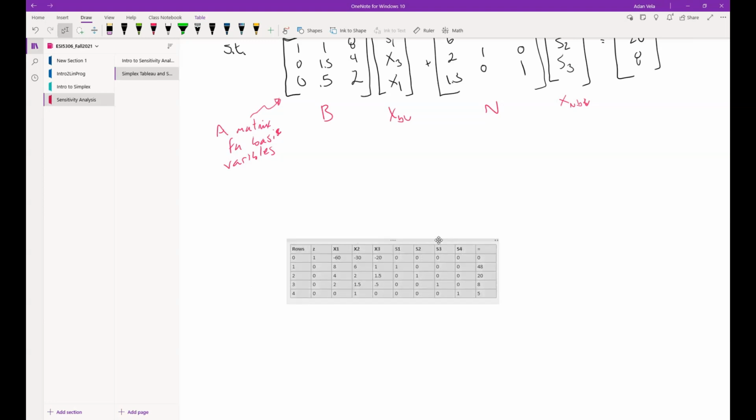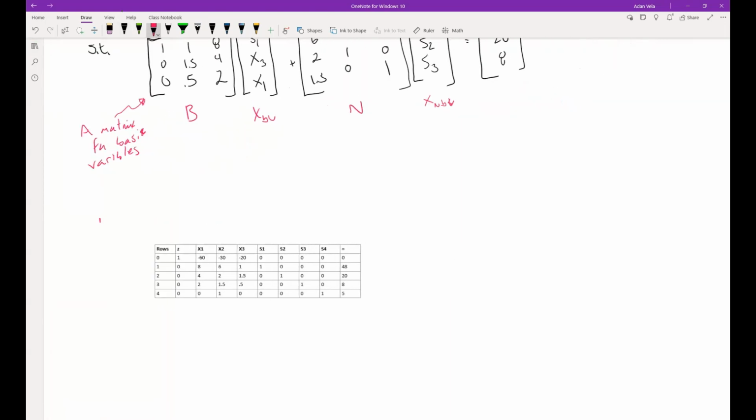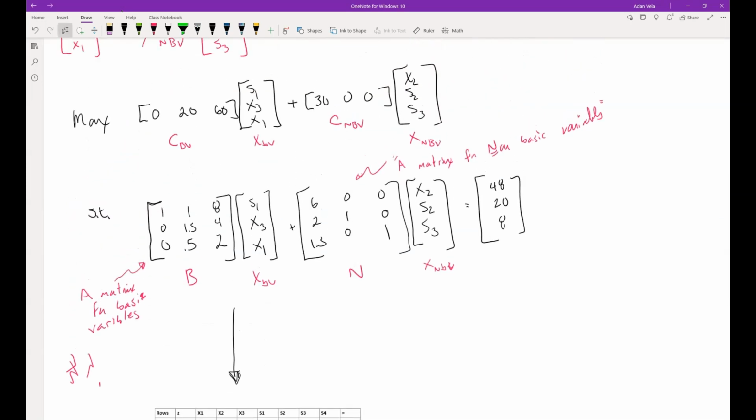Now, this simplex table was generated from the initial formulation. All right, so how did we get there? And what does this final formulation look like if we put it into this form where we split up our variables into basic variables and non-basic variables?